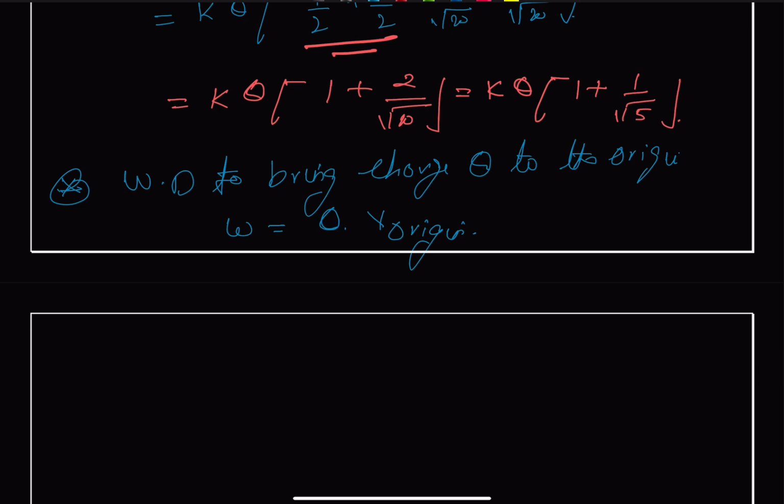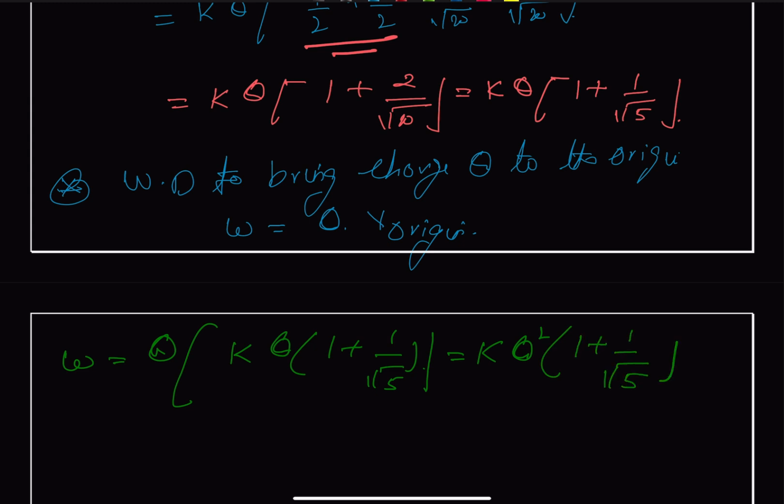So we get work done, that is our Q, and potential is KQ (1 plus 1 upon square root of 5), which gives us KQ squared (1 plus 1 upon square root of 5).